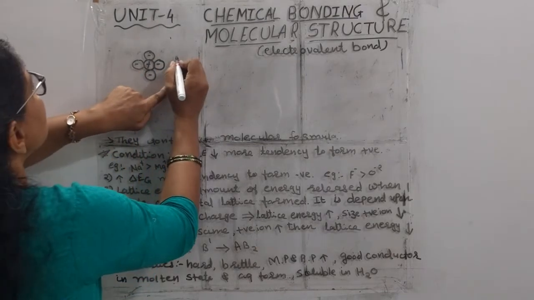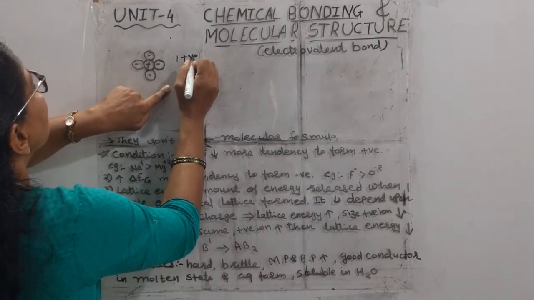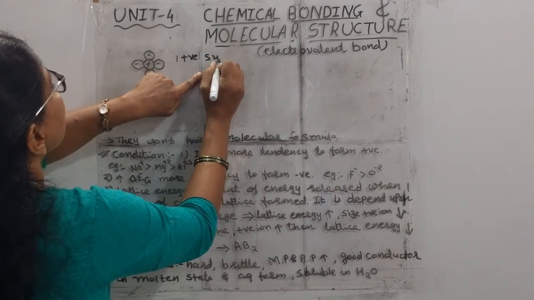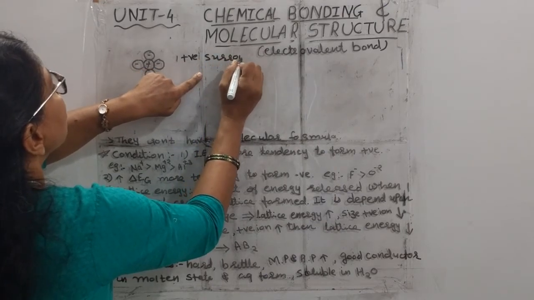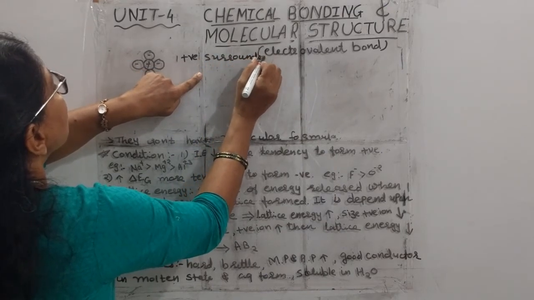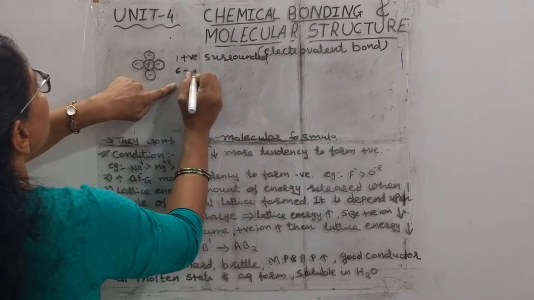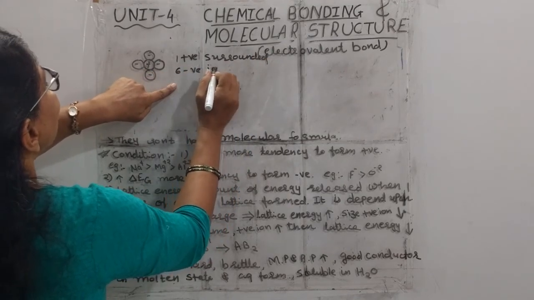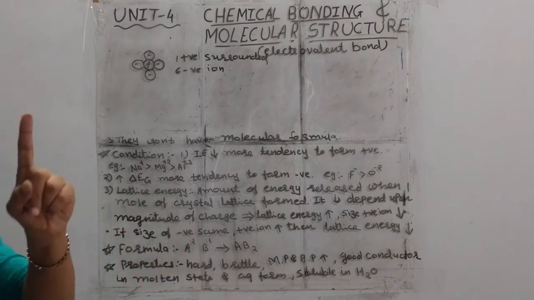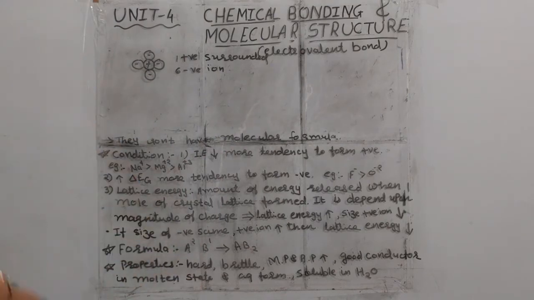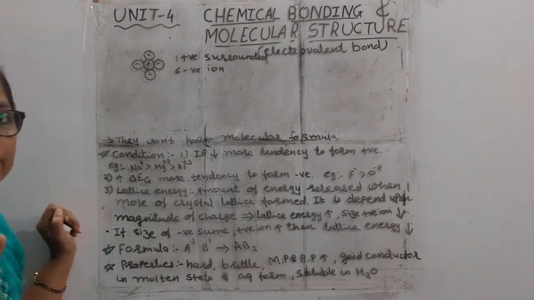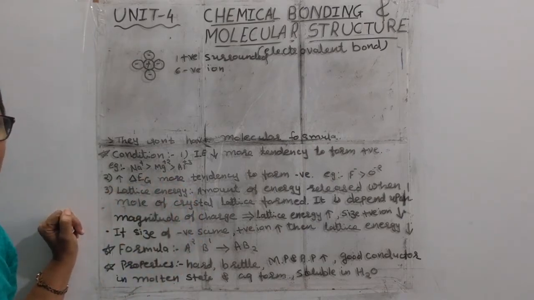So 1 positive ion surrounded by 6 negative ions, and the same way 1 negative ion is surrounded by the 6 positive ions, which you have already studied in the standard 10. NaCl का structure आपको दिया गया था.